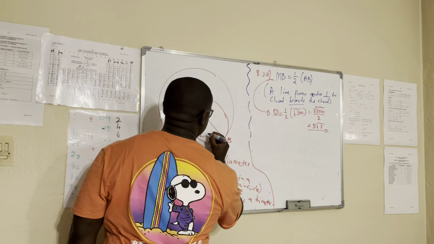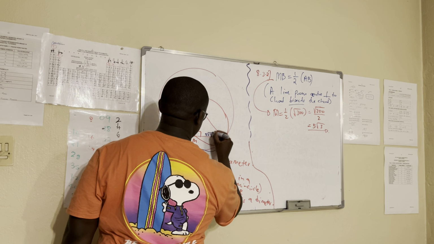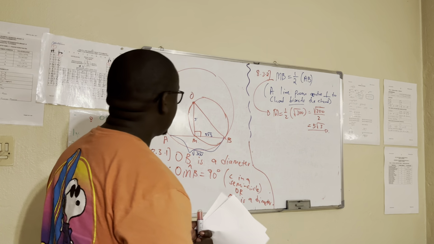We use Pythagoras. You see 5 root 3. Now let's use Pythagoras to find OB.